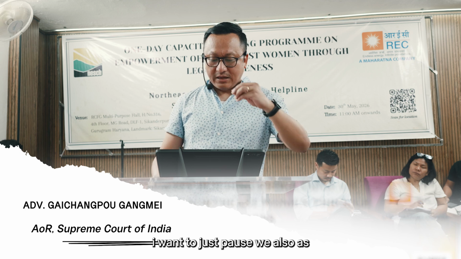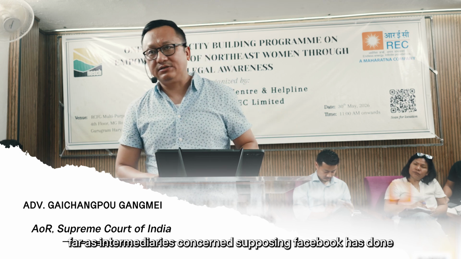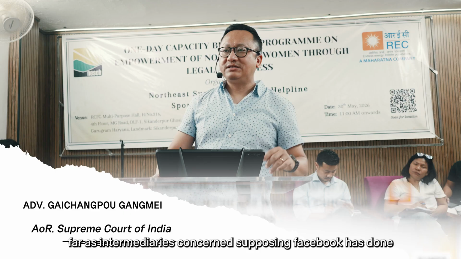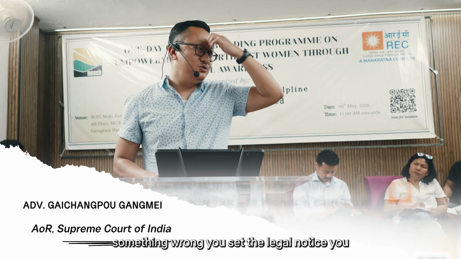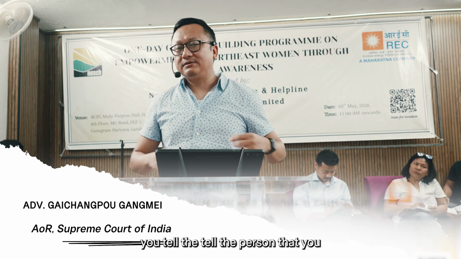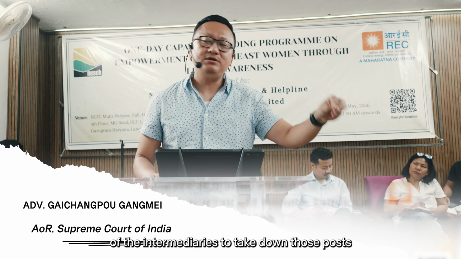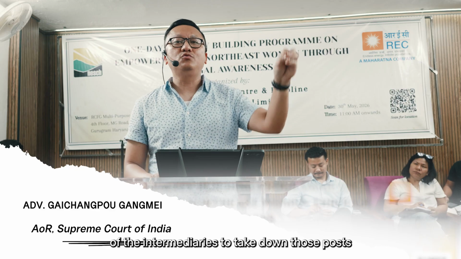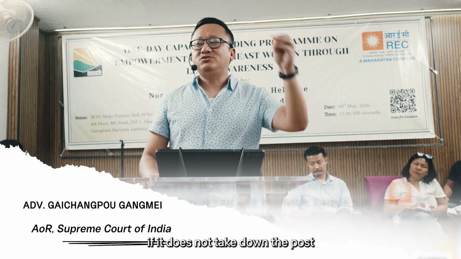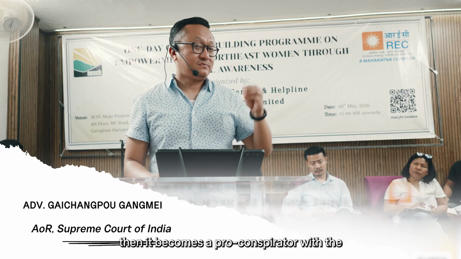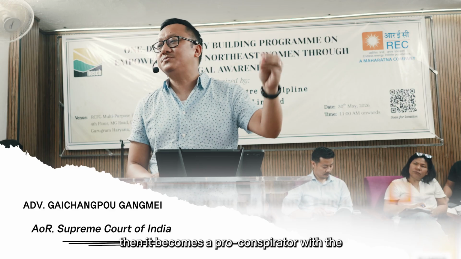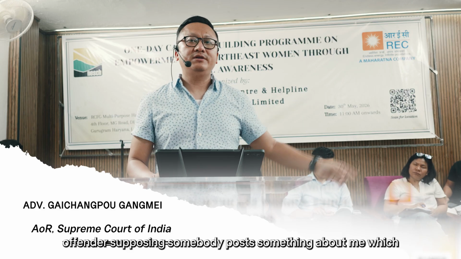We also, as far as intermediaries are concerned, supposing Facebook has done something wrong, you send the legal notice, you tell the person that you have done something illegal. It is the duty of the intermediaries to take down those posts. If it does not take down the post, then it becomes a co-conspirator with the offender.